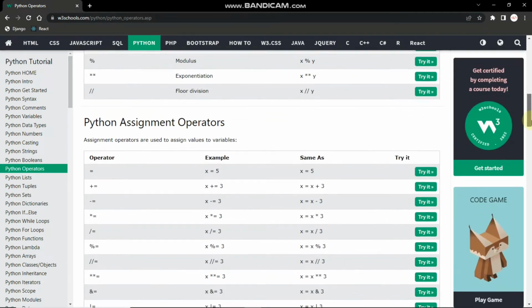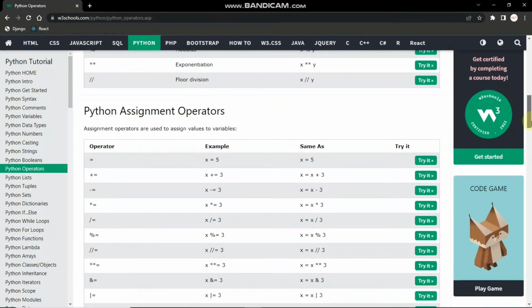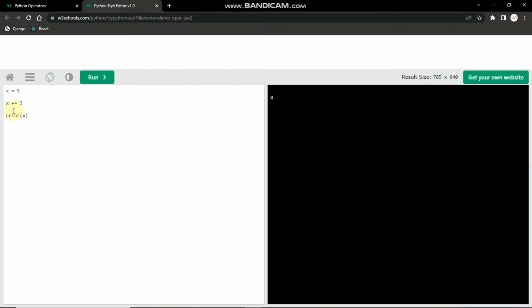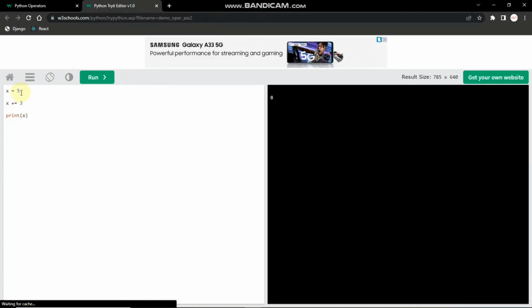Now guys, let's talk about assignment operators. So this is equal, this is plus equal. First let's talk about plus equal. You can see x plus equal 3.